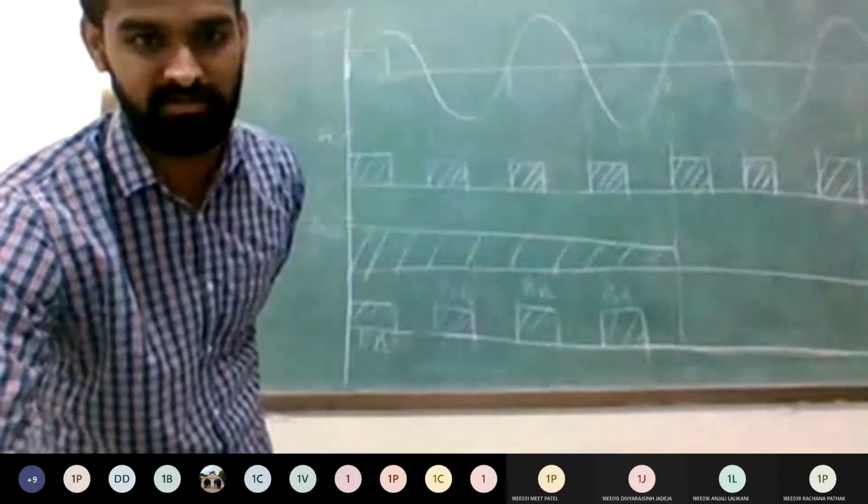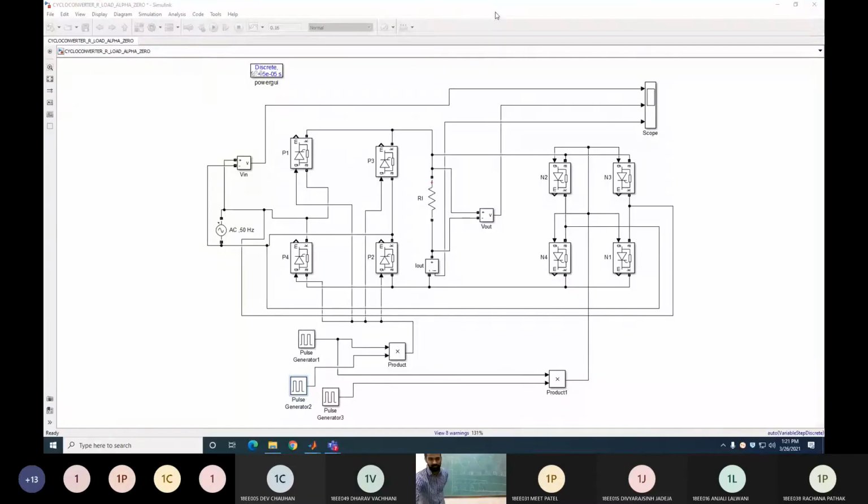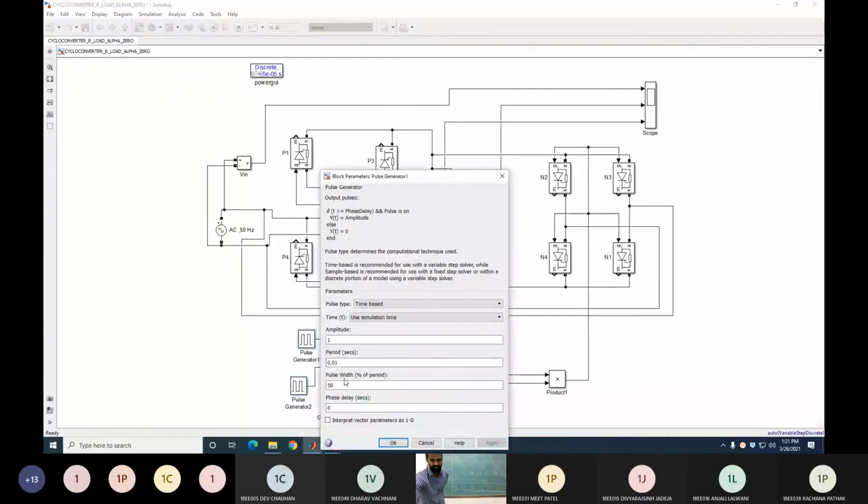If you check here in the simulation, see this pulse generator number 1, 10 millisecond period, 50% with 0 delay. It means that is IG1, the gate pulse between 0 to 5 milliseconds at every half cycle.